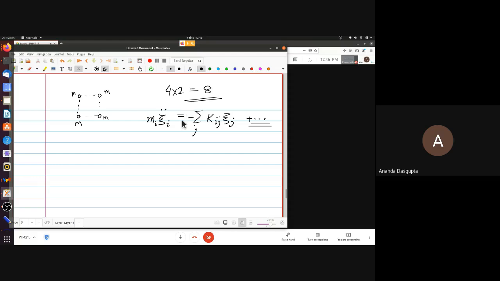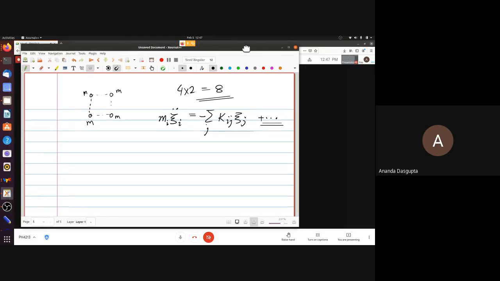Of course, there are no constant terms on the right hand side, no terms independent of the xi's, because we are assuming that xi equal to 0 means that the molecule is in equilibrium. So xi equals 0 signifies the equilibrium positions. Non-zero xi's tell you that you have moved away, and if xi is small, then the higher order terms are going to be small. Okay, so this is pretty straightforward, and you all know this.